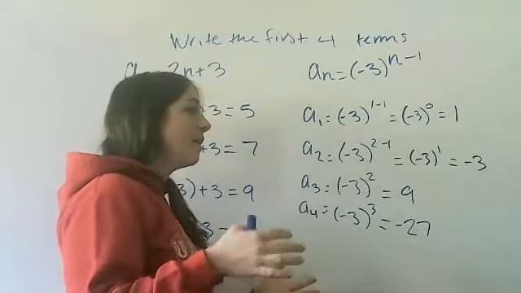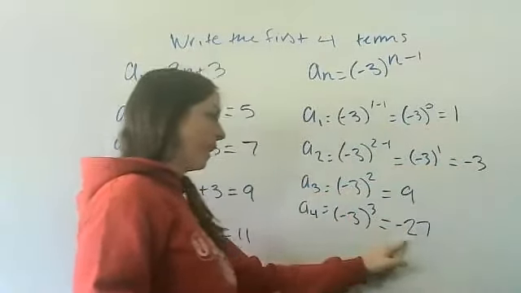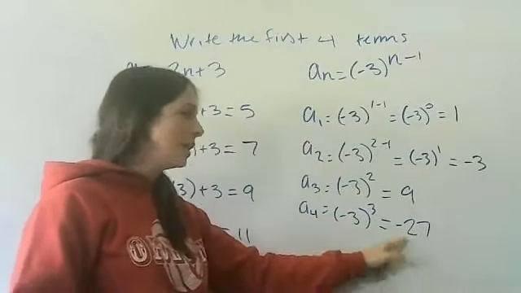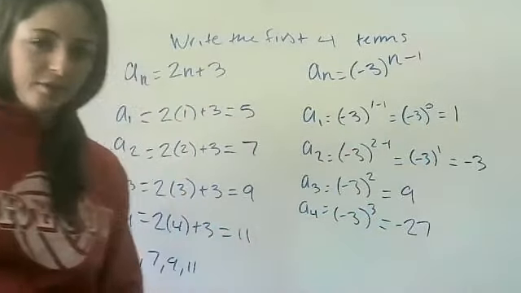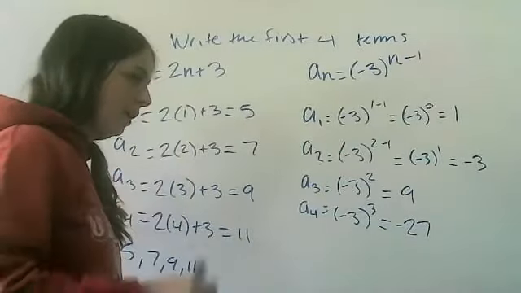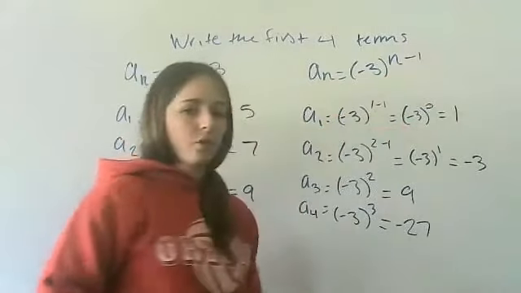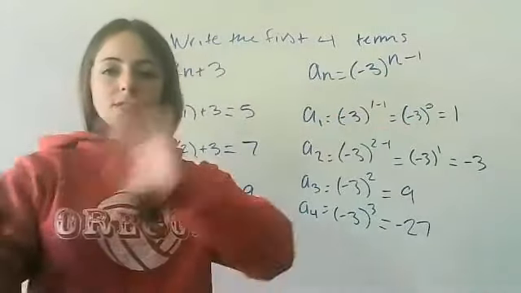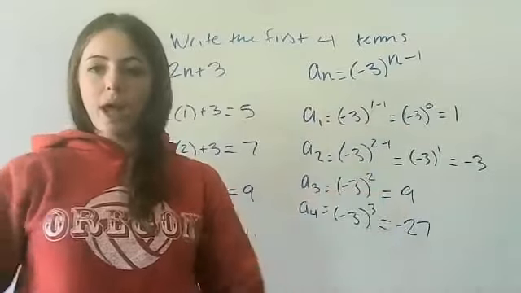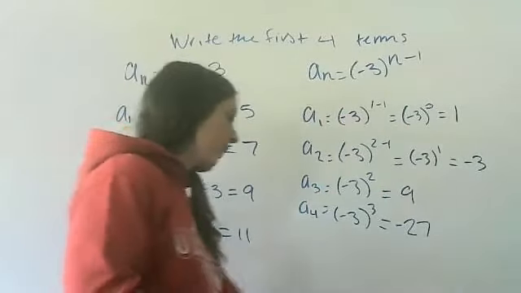Second thing, if you ever see a pattern of positive, negative, and if I continued on, you would see positive, negative, you are absolutely having to use some sort of negative associated with an exponent. That jump between positive, negative won't happen without that exponent and some negative being contributed in there, okay?